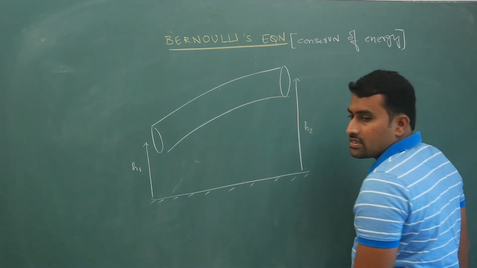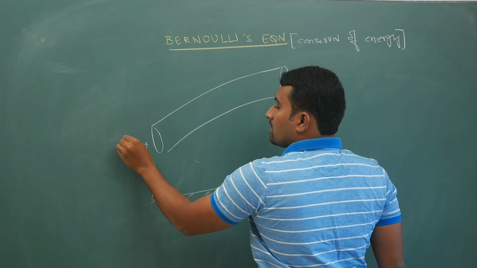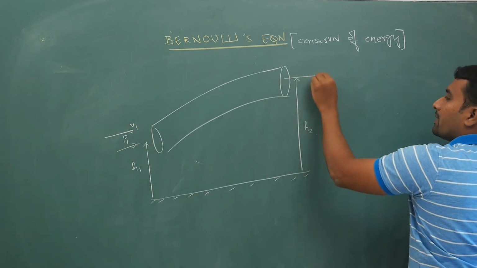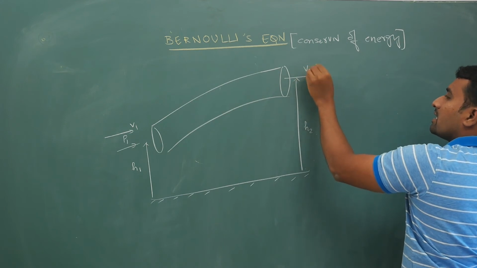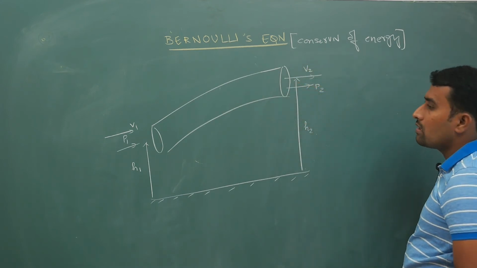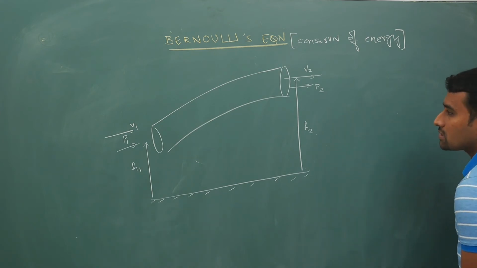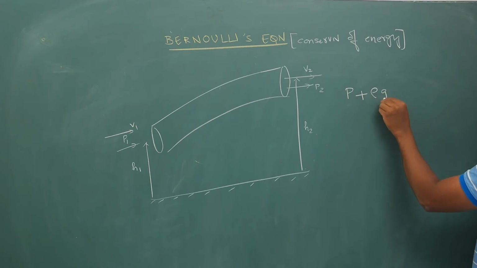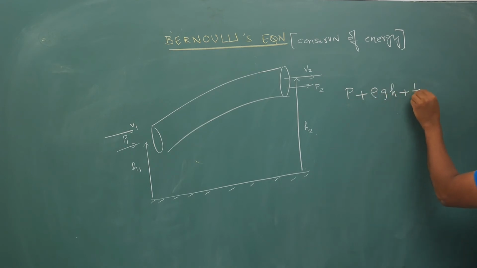At this end pressure is P1 and speed is V1, at the other end speed is V2 and pressure is P2. What it says is: P plus rho g h plus half rho v square is equal to constant.